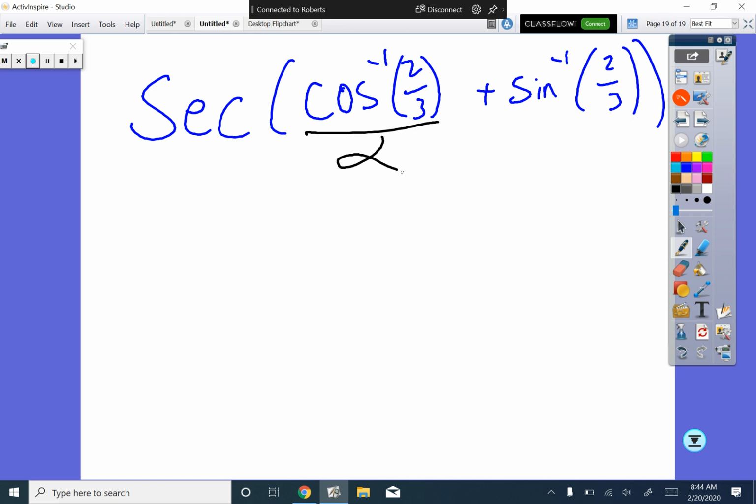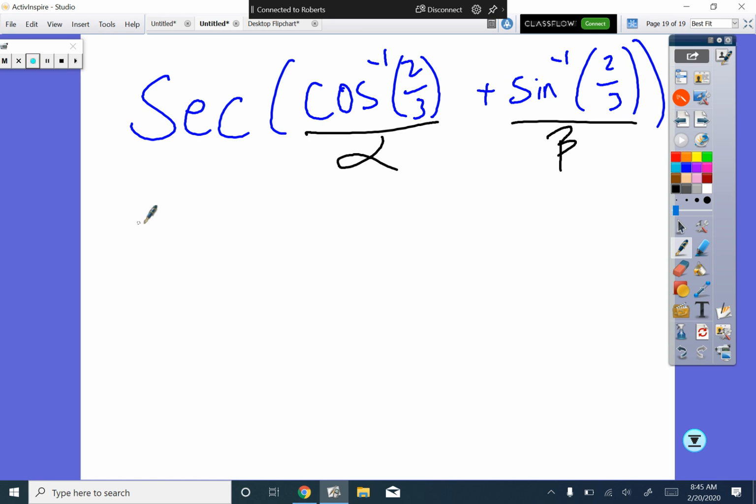Okay, do we know what this is telling us? It's an angle again, right? But is it the same angle as what we had? Not necessarily. So we can't assume that it is, so let's call it beta.